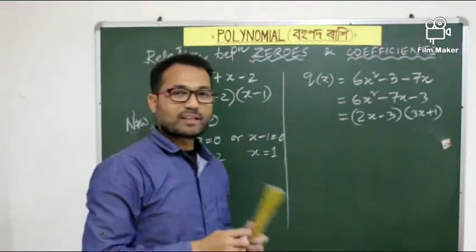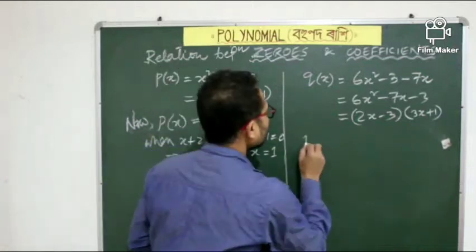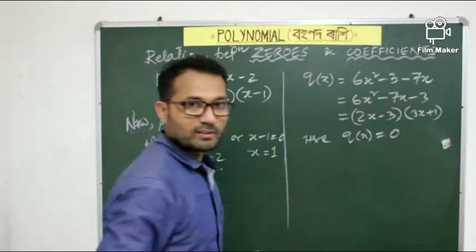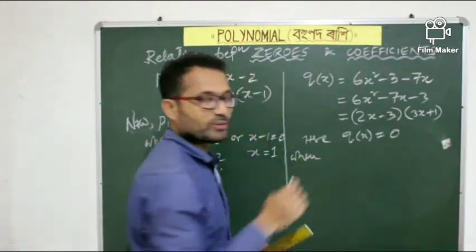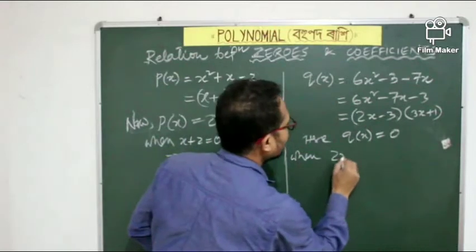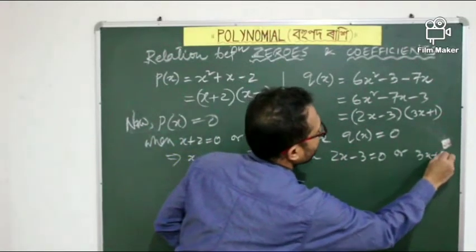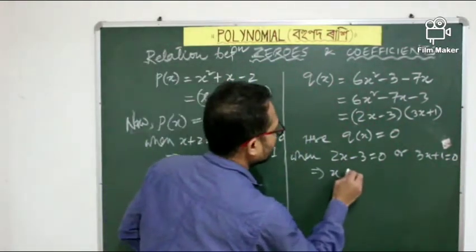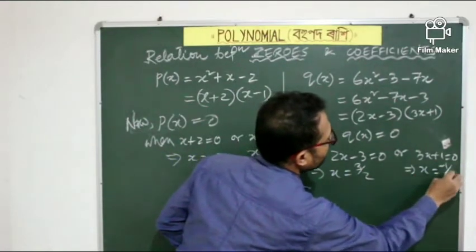So ঠিক একেদৰে we have to follow to get 0. So here also q(x) equals 0 when, কেতিয়া হ'ব? হয়, এটো শূন্য হ'ব লাগিব. So 2x minus 3 equals 0 or 3x plus 1 equals 0. So here we will have x equals 3 by 2 and here we will have x equals minus 1 by 3.